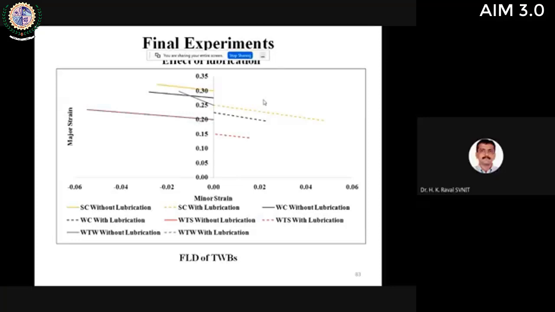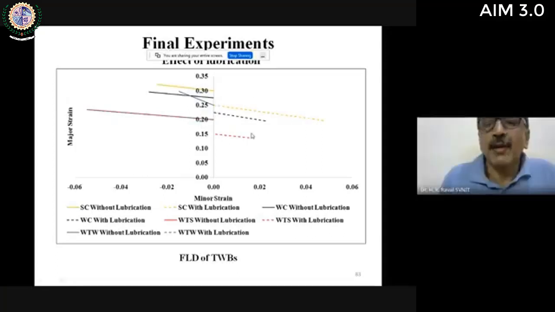You can notice here that these continuous lines indicate without lubrication, and these dotted lines are the results with lubrication. The major strain and minor strain values are less in the lubricated conditions compared to the non-lubricated conditions, which is a desirable phenomenon. So one should always provide some lubrication when you are dealing with the better surface finish as well as better deformation or better formability.